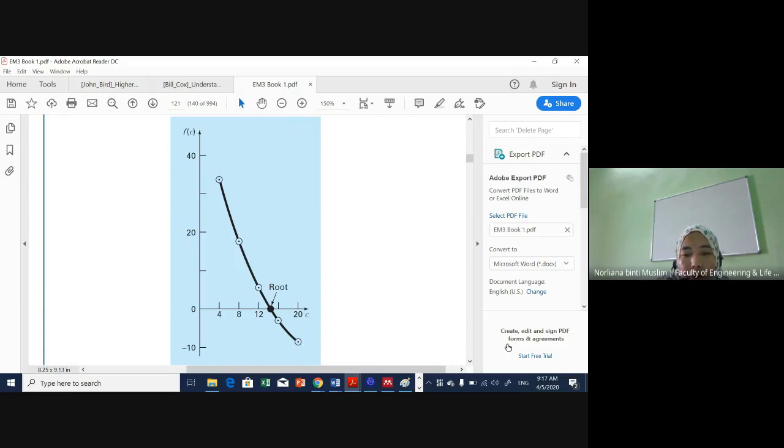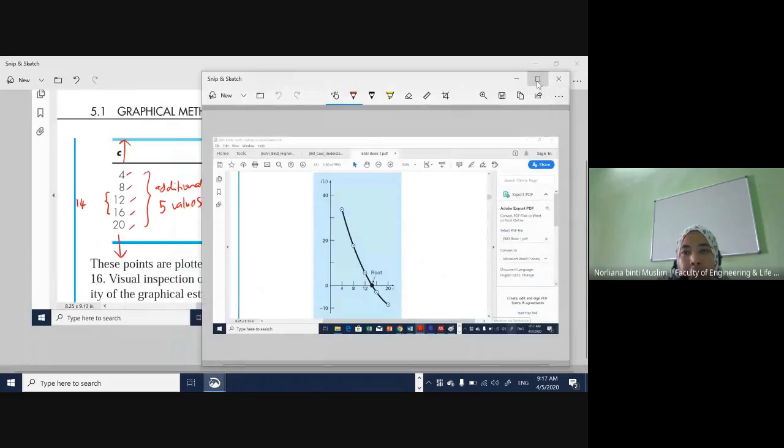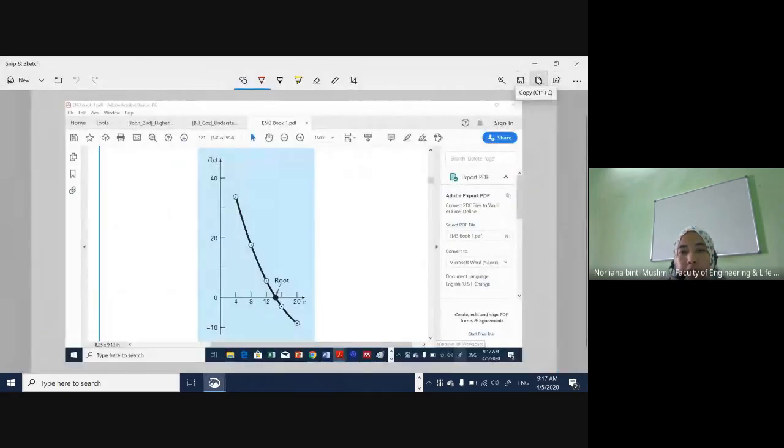Using the graphical method, for example, we have the approximation value as 14.5.